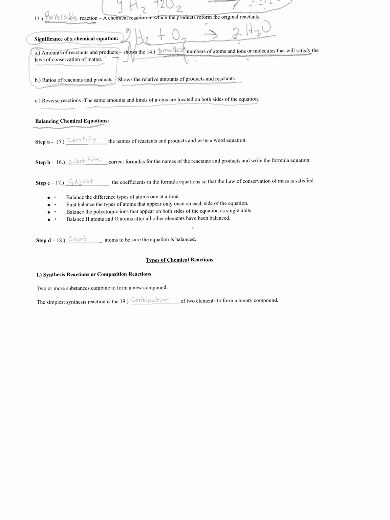Step A, identify the names of the reactants and products and write a word equation. B, substitute correct formulas for the names of the reactants and products and write the formula equation. And then C, adjust the coefficients in the formula equation so the law of conservation of mass is satisfied.